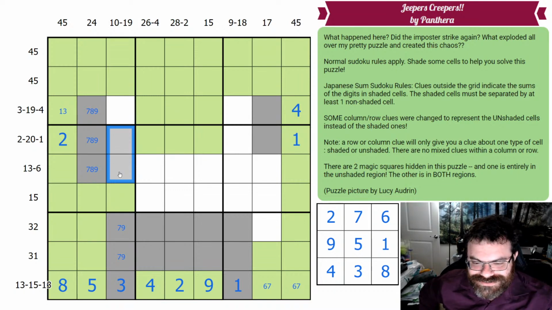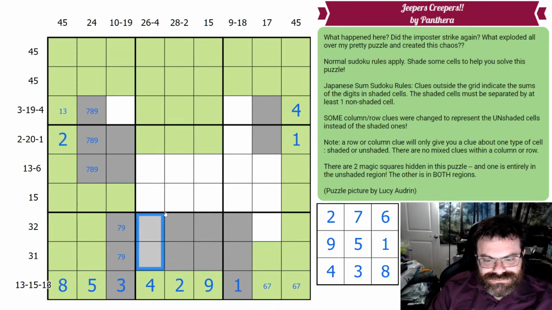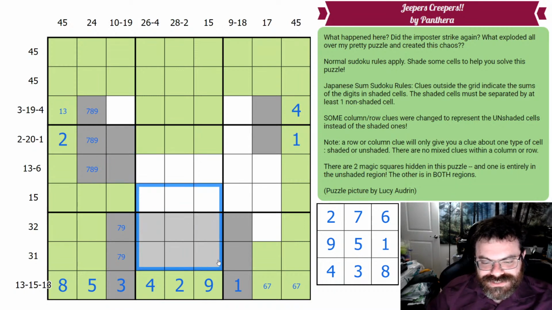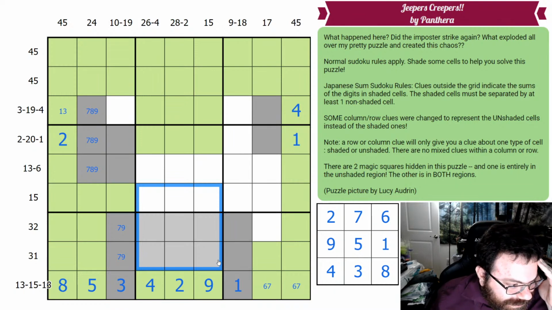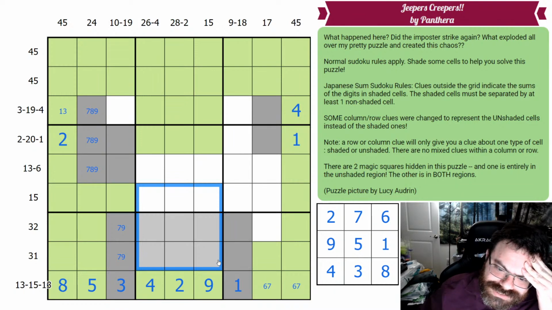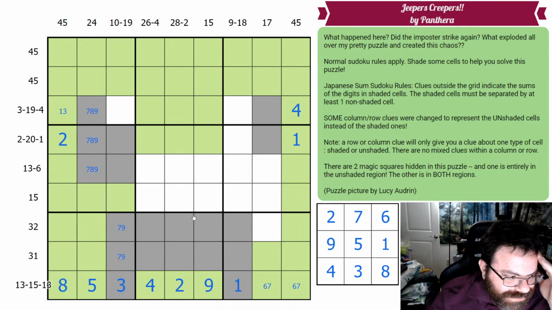Yeah, it's pretty obviously a creeper. Well, I mean, this is the magic square, right? I just can't prove it yet. It's got 15 on this side. It's got 15 here. Like, we just have to prove it.